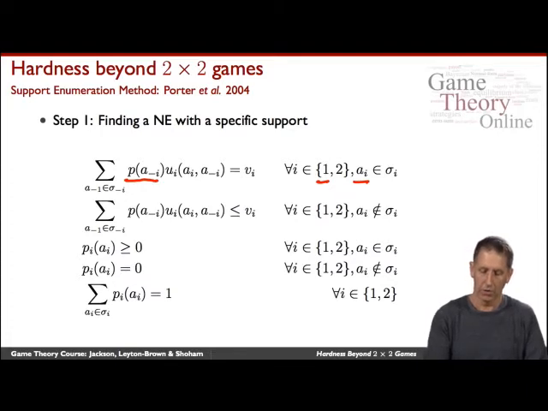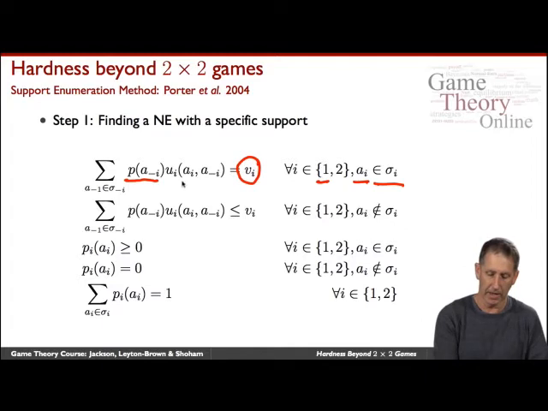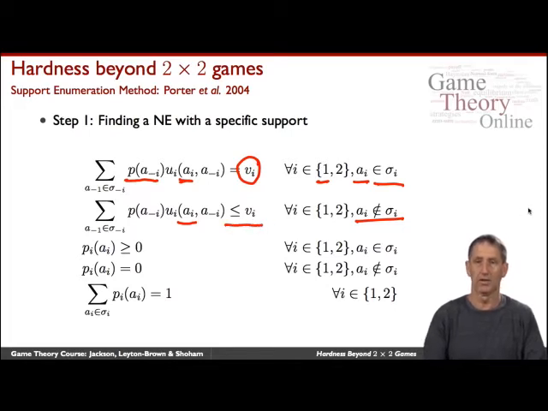And so for all actions in the support that we're considering, we want the agent to be best responding. So let's assume that the best response value is V sub i, just call it that number. Then we want a sub i to in fact be a best response to the rest. And what we want is all other actions, any actions not in the support, to give us a value that's no greater than the best response.